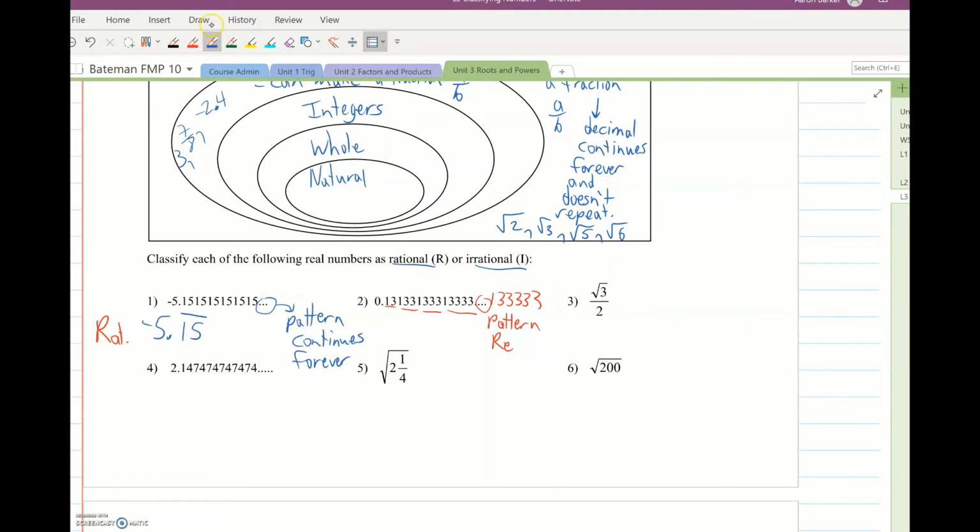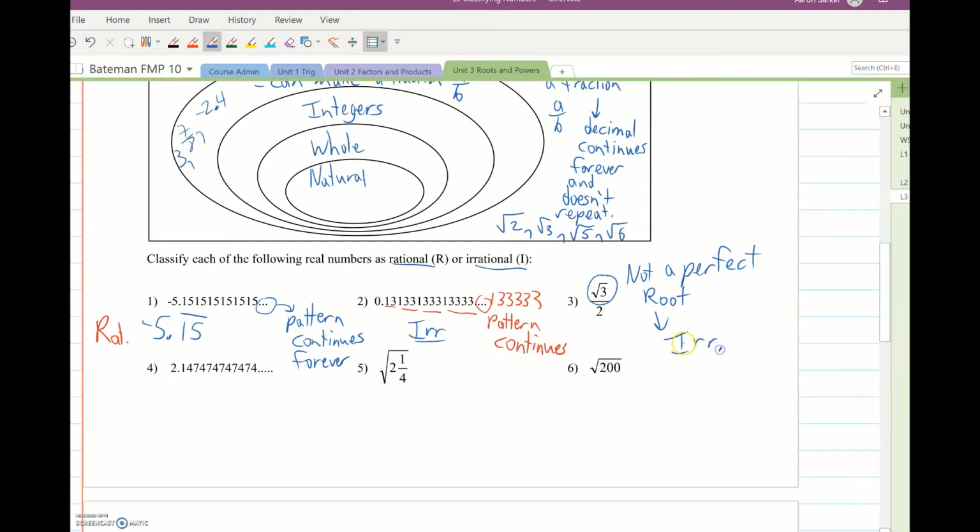This one's not repeating, so it is irrational. Whereas root 3 over 2, this is not a perfect root, which we looked at yesterday, therefore it's going to be irrational.